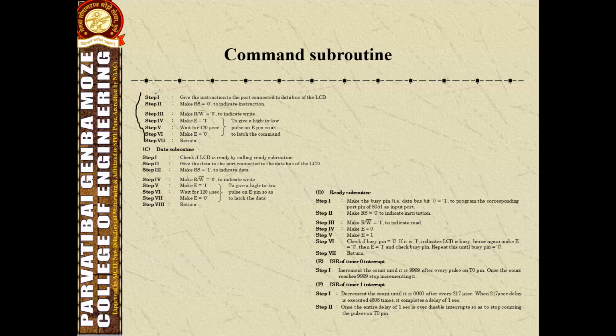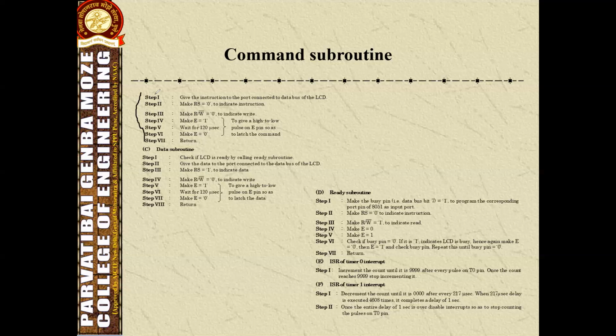After that, what function should be performed in a data subroutine? In the data subroutine, first check if the LCD is ready by calling the ready subroutine. After that, give the data to the port connected to the data bus of the LCD. Then we make RS equal to high and the read/write bar pin low.